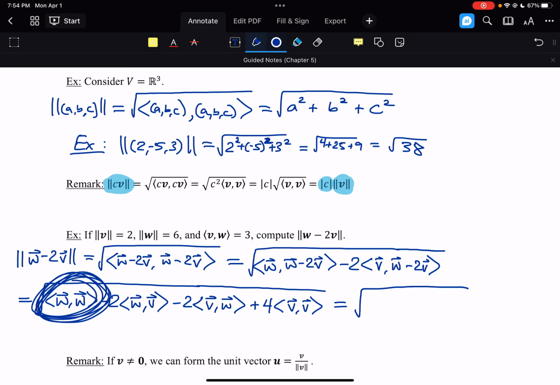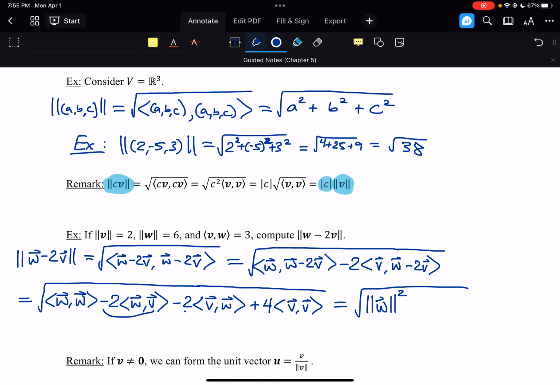The inner product of w with w is almost the length of w, except the length of w would be this vector with a square root. So this, in its current form, is length of w squared. And because I'm not touching this square root out here, that's outside of the whole problem right now.